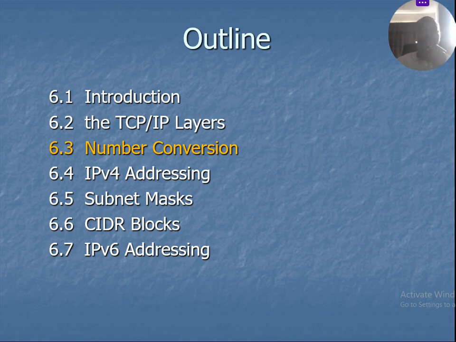The fourth part is IPv4 addressing. Then 6.5, the subnet mask. After that, chapter 6 part 6, we look at CIDR blocks. After that, we look at IP version 6 addressing. So this course is in several segments.